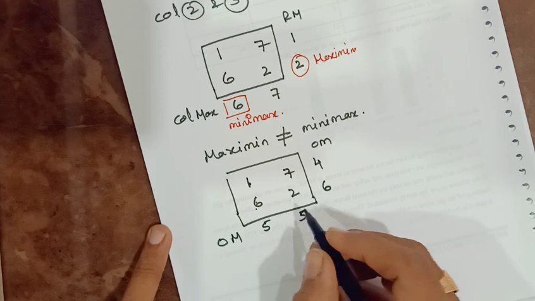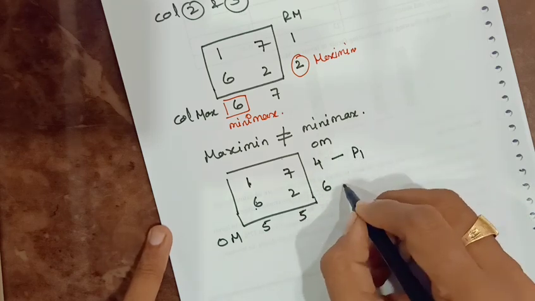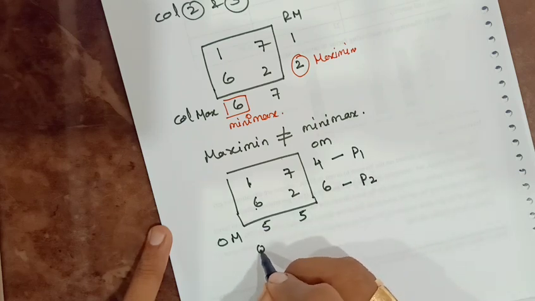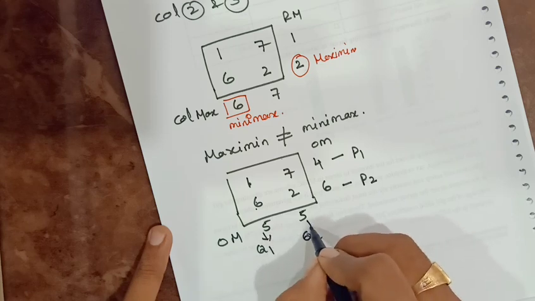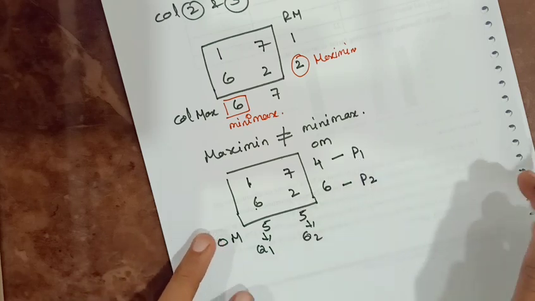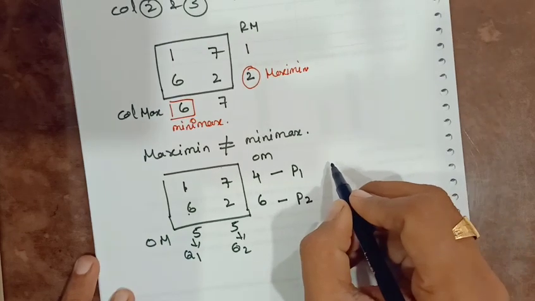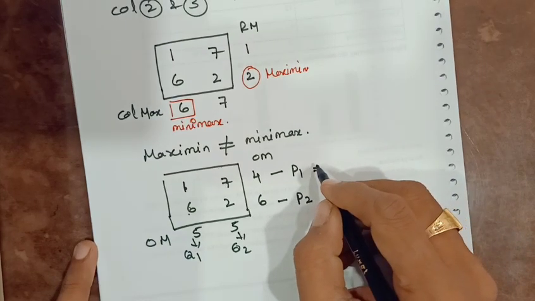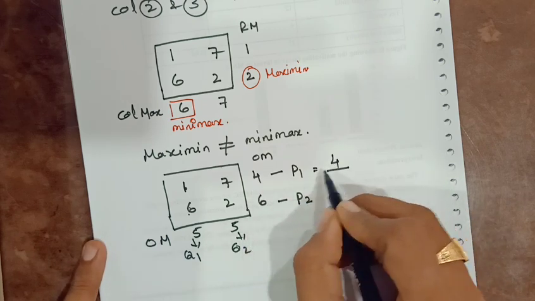So this one will be considered as P1 and P2, and this one will be considered as Q1, Q2. This column, this row, P1 and P2. So P1 is equal to 4, this is the probability.